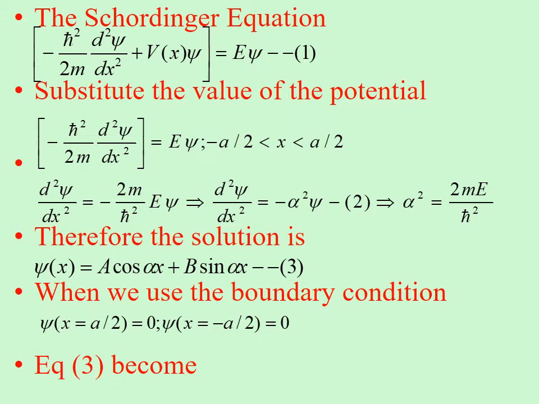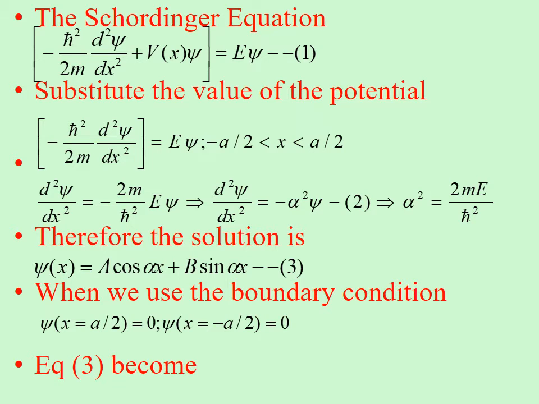We know the Schrodinger equation, that is minus h cross square divided by 2m d square psi by dx square plus V of x psi is equal to E psi. Now you substitute the value of the potential, that is V of x is 0 if x lies between minus a by 2 to a by 2. So if you substitute this, it is minus h cross square divided by 2m d square psi by dx square is equal to E psi.